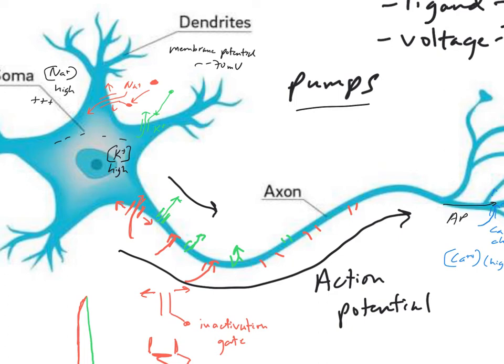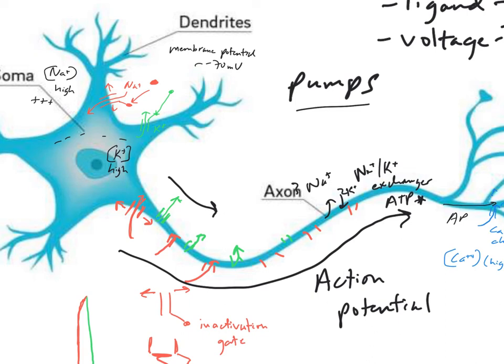So how does it reset? Well, throughout the whole area here, we have the sodium potassium exchanger. This uses energy in the form of ATP to basically pump the sodium back out and pump the potassium back in. And it does 3 sodiums and 2 potassiums per time that this pump works.